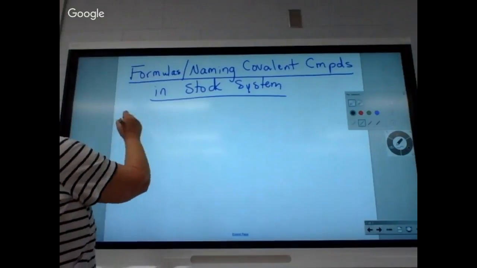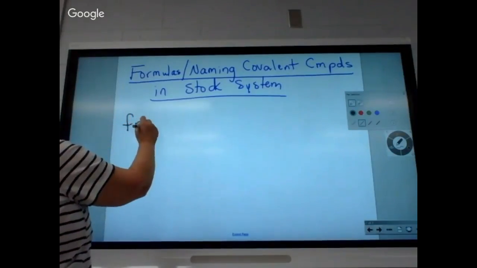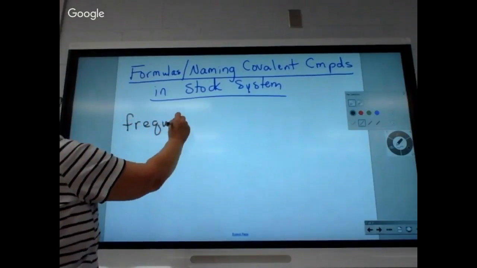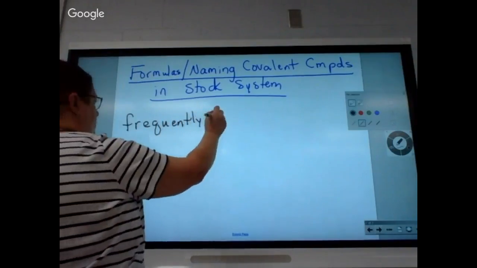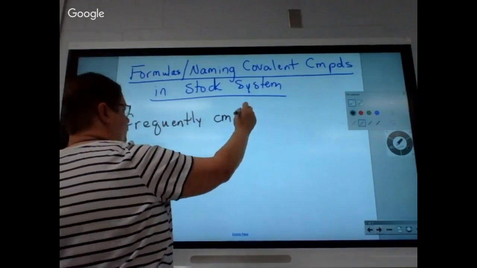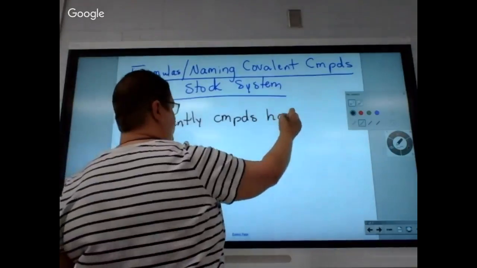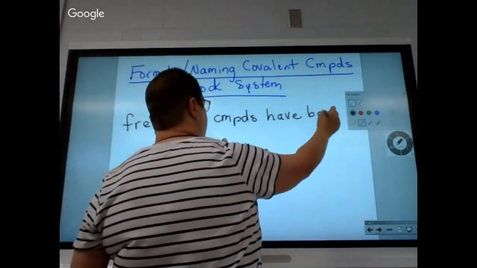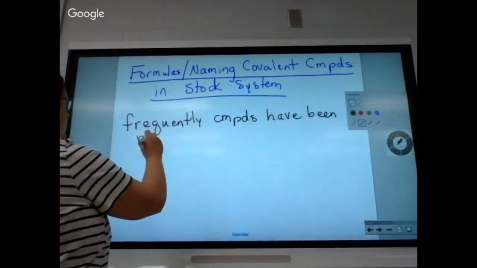Frequently, compounds have been reduced.